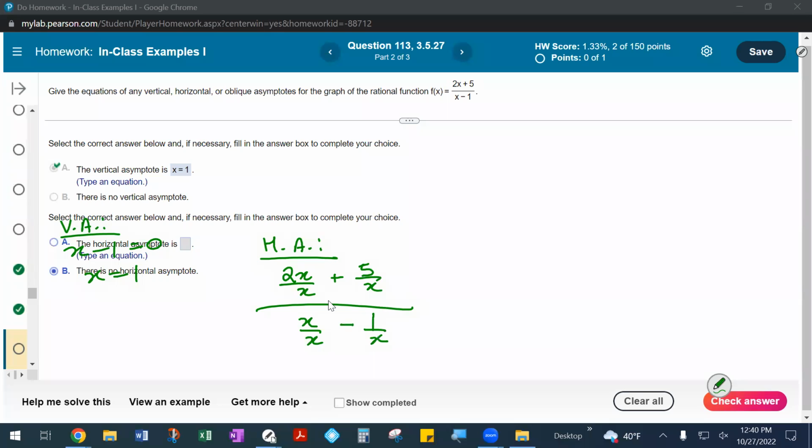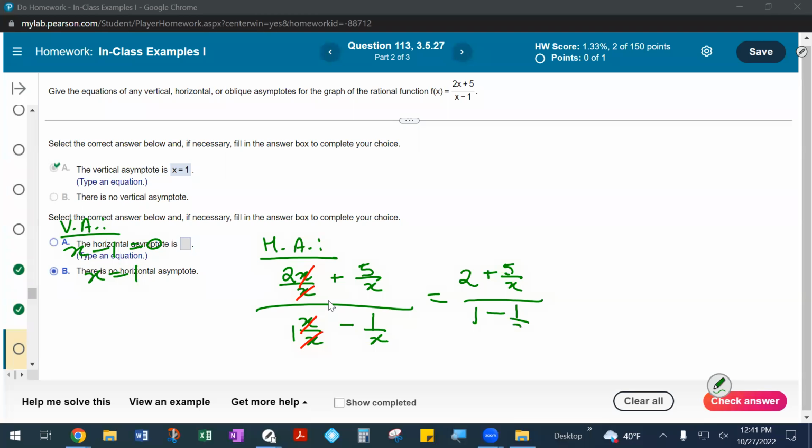Exactly. Yeah, very good. So again, since they have the same degree, x on the top, x on the bottom, you'll take each term divided by that x. So of course you can see x over x will cancel out, leaving us behind with 2 from the first term, plus 5 over x from the second term. This guy just becomes a 1.